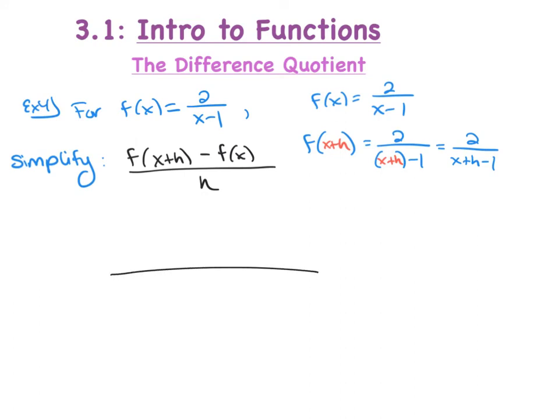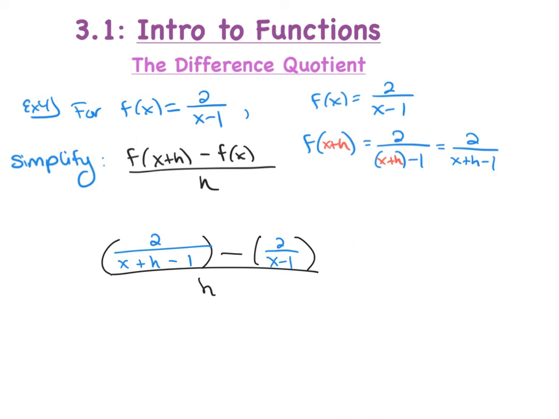So first one, f of x plus h is going to go in the first spot. So that's 2 over x plus h minus 1 minus f of x. Oh, that was just 2 over x minus 1, all divided by h. Okay.